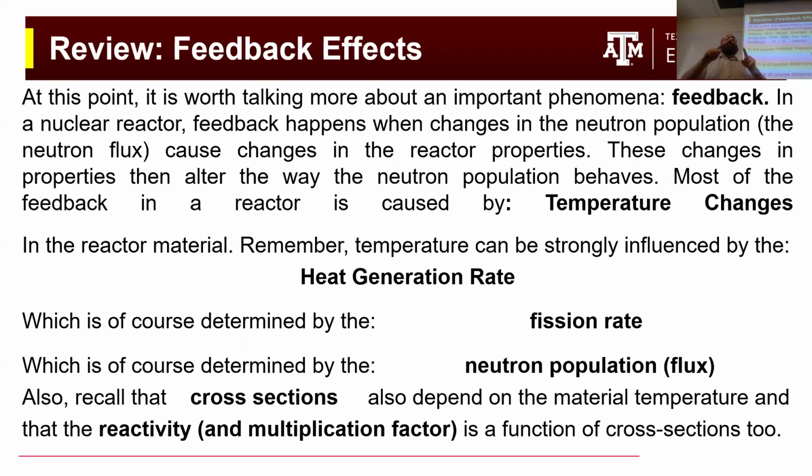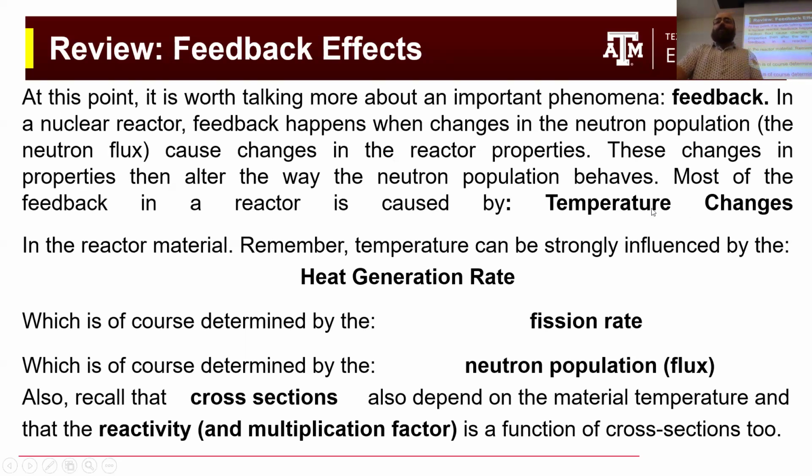As a result of those temperature changes, other things in our system are going to change, which will make the system's properties not continue the way they were before. If the population is increasing exponentially, it can't increase exponentially forever. There are going to be feedback effects that result in the power, and ultimately the temperature, decreasing at some point. There are a lot of factors in our reactor that cause feedback, but a lot of them are caused by temperature changes.